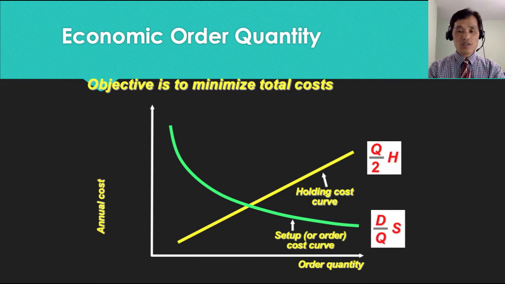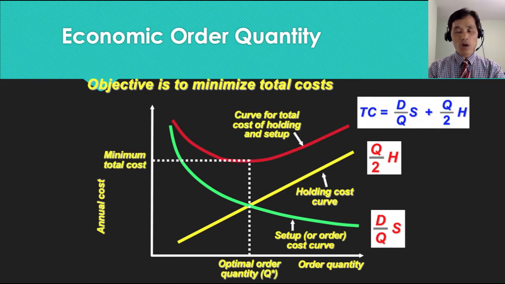The total cost of inventory is made up of two costs, carrying cost and order cost, or setup cost. So the total cost will be the sum of these two costs. At a certain point, there is an optimum size of order when the total cost is at its very minimum.